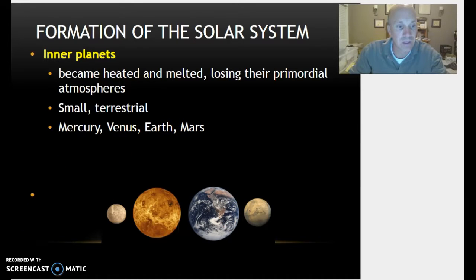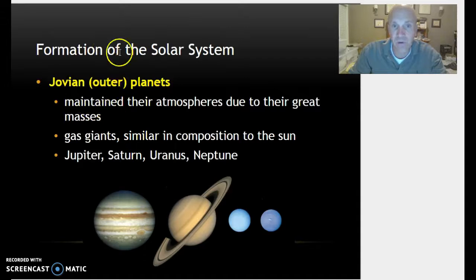So in contrast to that, we have the outer planets. All right, or what are called the Jovian planets. All right, these are Jupiter, Saturn, Uranus, and Neptune. All right. So one of the things about these planets is that they are a lot farther from the sun than the inner planets. All right.